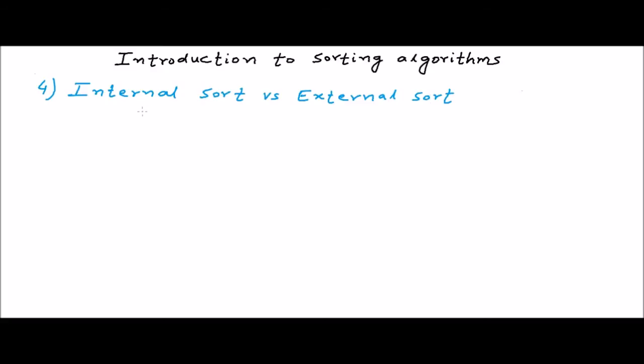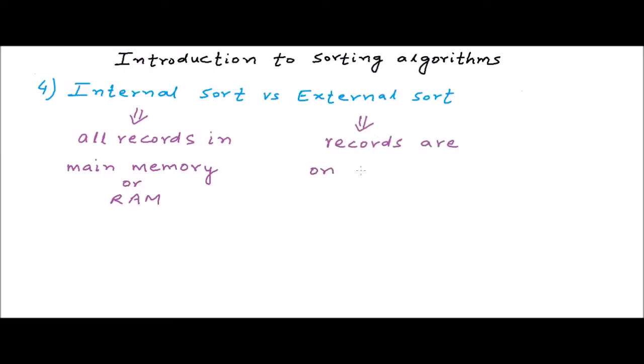When all the records that need to be sorted are in main memory or RAM, then such a sort is internal sort. And if the records are on auxiliary storage like disk and tapes, quite often because it's not possible to get all of them in main memory in one go, then we call such a sort external sort.